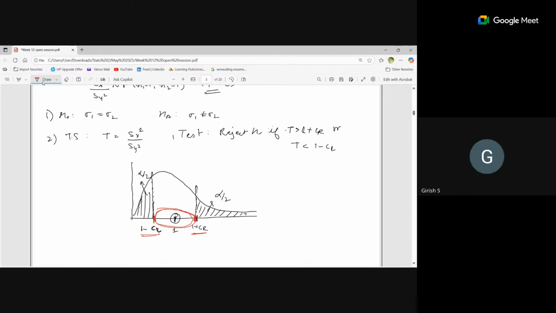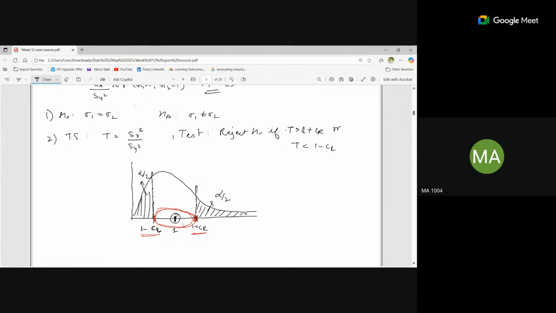Ma'am, why are we considering that CR and CL are different? Why can't we have a single parameter C, to say 1 plus C and 1 minus C? Because we are considering one, so 1 plus some value would be my critical value, after which I would be rejecting, and 1 minus some value I would be rejecting H naught.